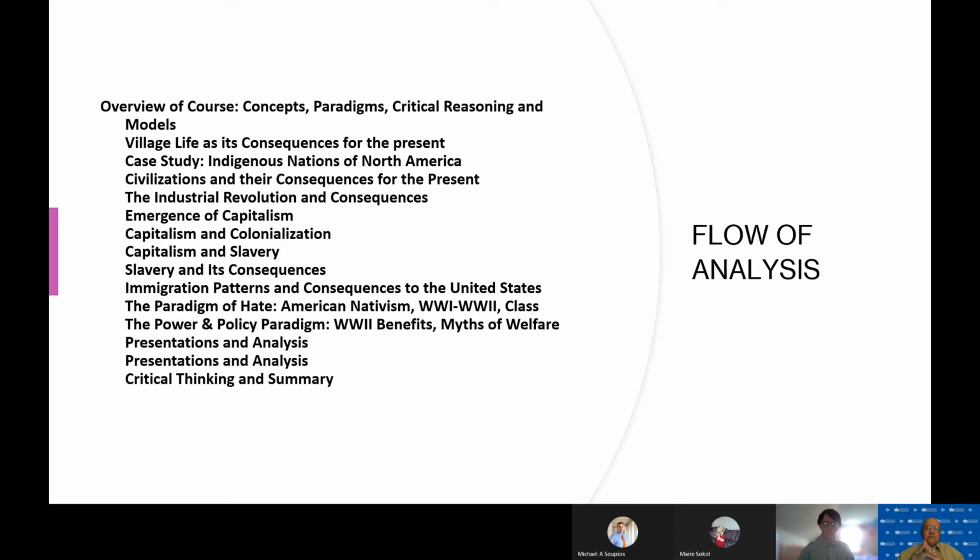So we emphasize the whole role of critical reasoning skills, how to keep your mind open and clear thinking. For example, a model that would be very applicable to our current period of time here in April of 2021.